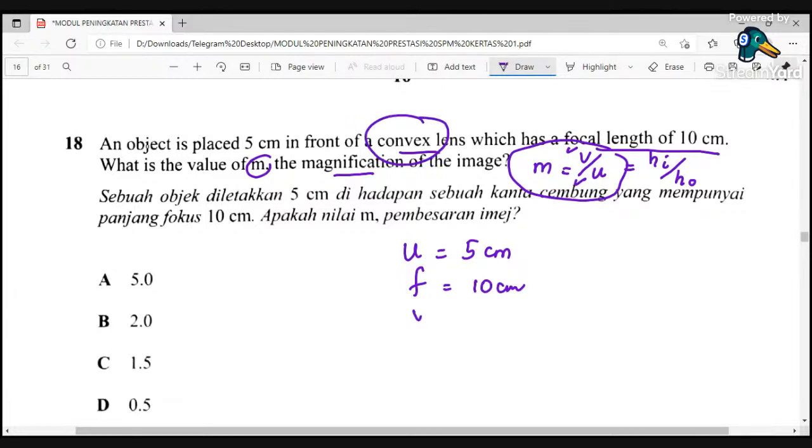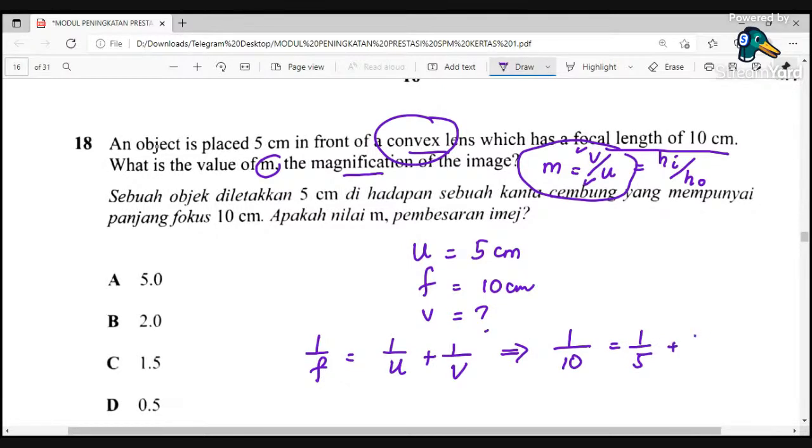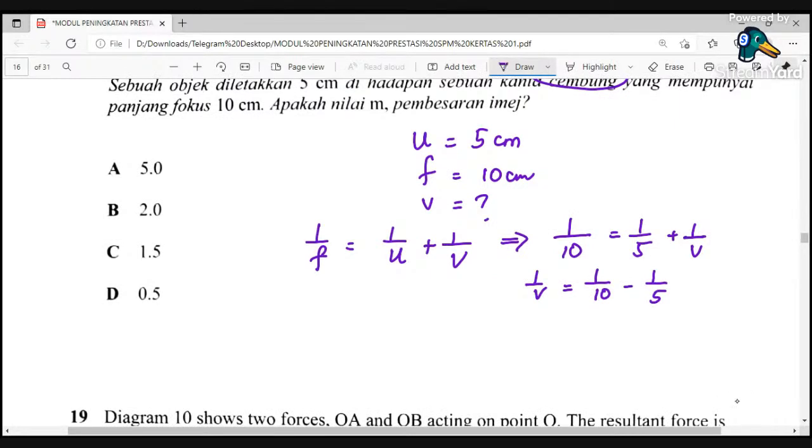You nak cari V. Okay, maksudnya gunakan lens equation. Gantikan saja. Okay, so 1 over v equals to 1 over 10 minus 1 over 5, so v ialah negative 10 centimeter.